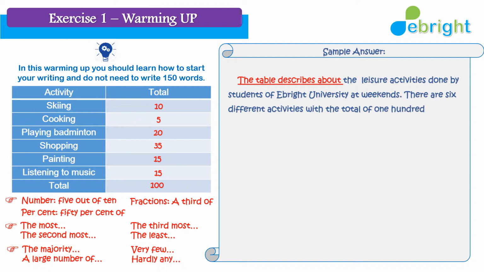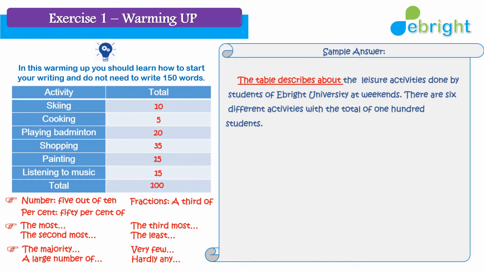Let me continue typing. Different activities with the total of 100 students. Yeah, the total is 100 students over there. So make sure you type the correct data. Do not make any opinion, because opinion we will write in task 2 of the IELTS writing tasks.